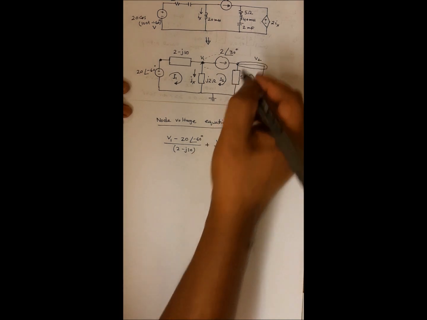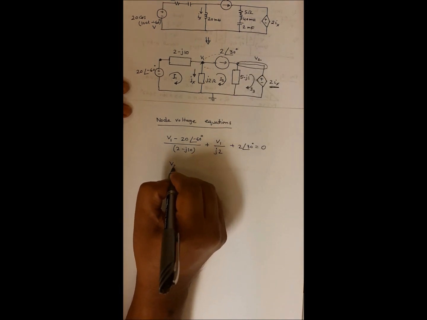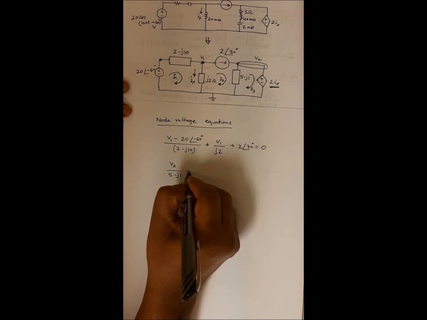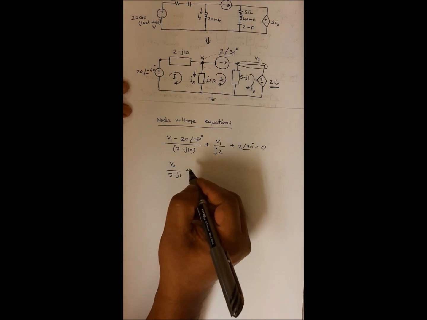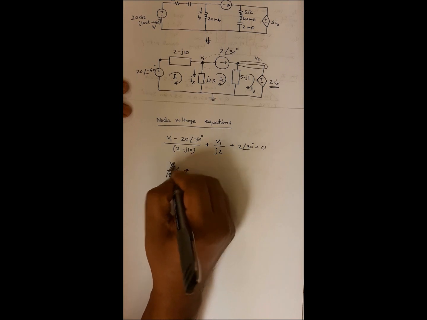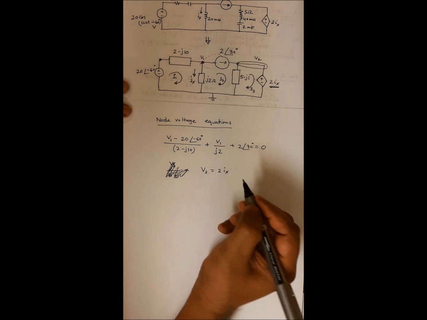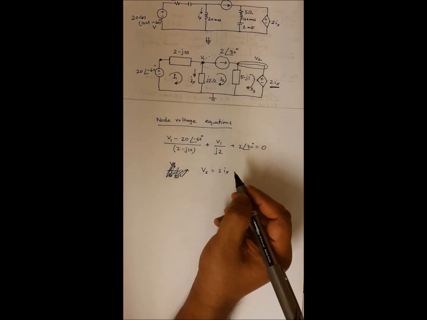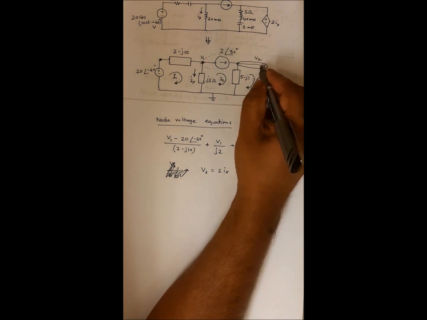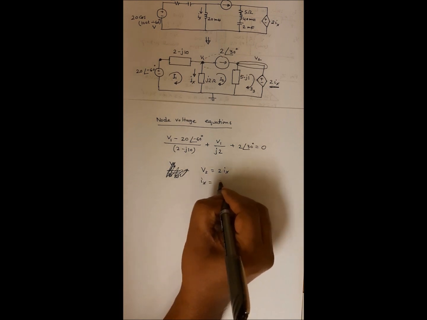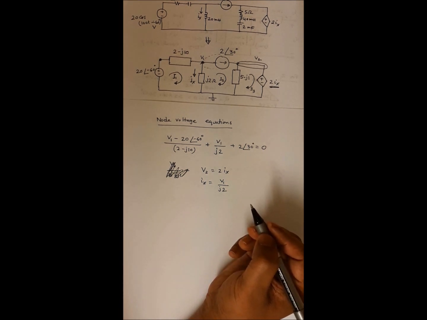Now for this node we can write V2 over 5 minus J1, and here we can write V2 equal to 2Ix, because this is a voltage source here, so this voltage will be 2Ix, and Ix is V1 over J2.